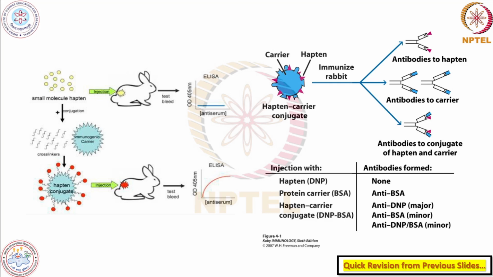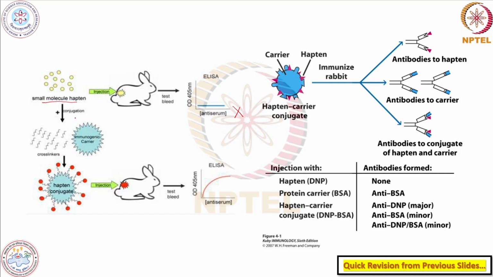We saw in our last class that there is an experiment. In this experiment, when this small molecule hapten was directly injected into the animal model and tested, there was no antiserum produced, no immune response against it.